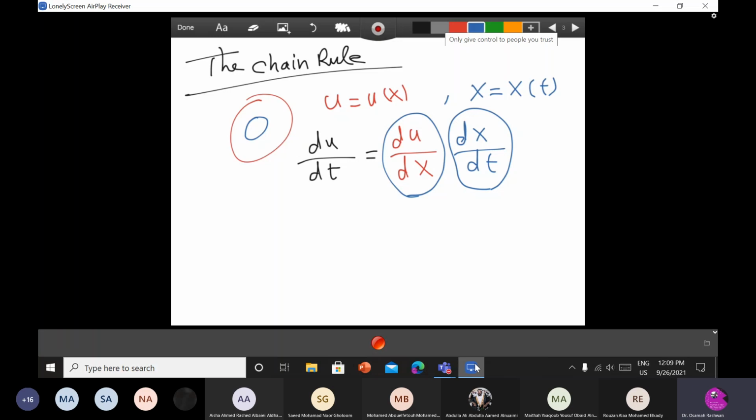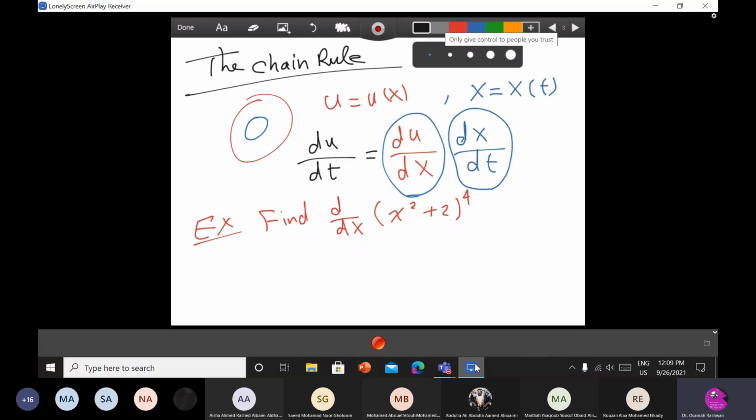How can I use the chain rule? Let's have an example. Find d by dx for x squared plus 2 to the power 4. So what is the big one? The big one is the power 4.